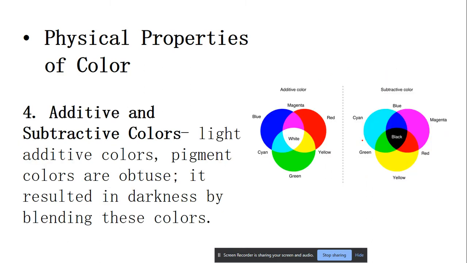So we also have additive and subtractive colors. Light colors are additive, pigment colors are subtractive. It results in darkness by blending these colors. So this one, the additive colors, like you could form magenta.